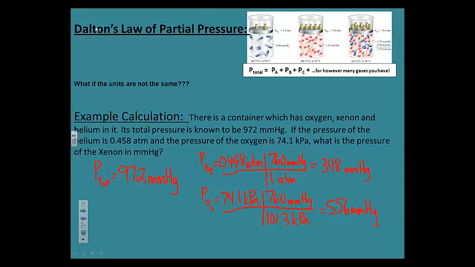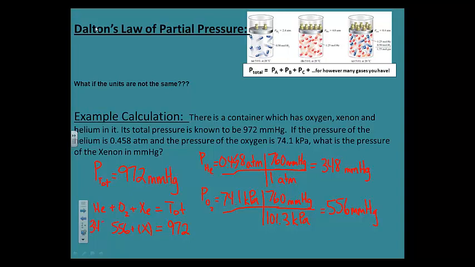My total is 972. I know the partial pressure of helium, and I know the partial pressure of oxygen, so it's simply going to be helium plus oxygen plus xenon equals the total. So 972 is the total. This is my X, because that's what I'm looking for, xenon. I know oxygen is 556, and helium is 348.